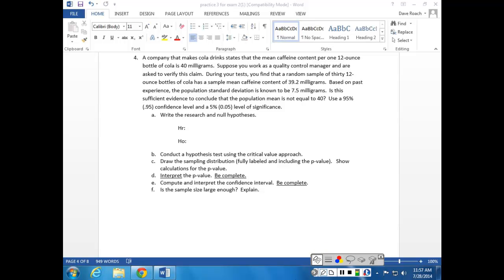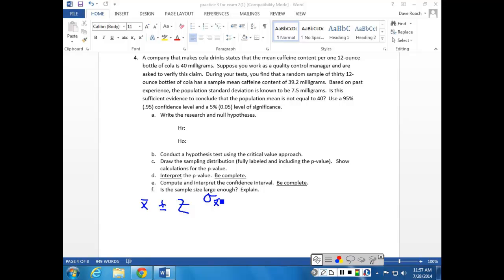Okay, so for that confidence interval on this one, we're going to have x bar, the statistic, plus or minus a confidence coefficient, which is going to be z, because we had a population standard deviation, sigma x bar.